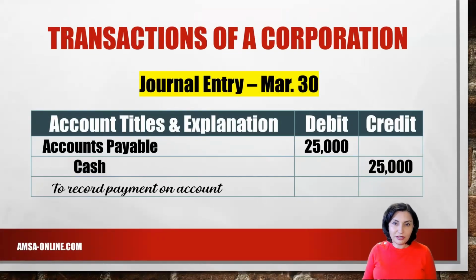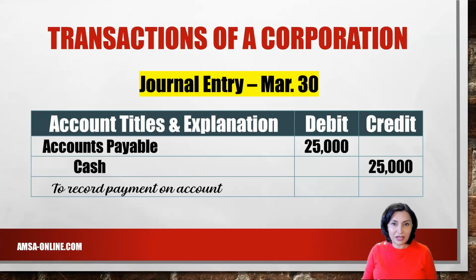On March 30th, the company paid Mitchell Golf Company in full. Recall that the equipment was purchased on account for $25,000. The balance in the accounts payable account is $25,000. If you think in terms of a T account, the balance is on the credit side, as accounts payable is a liability account.